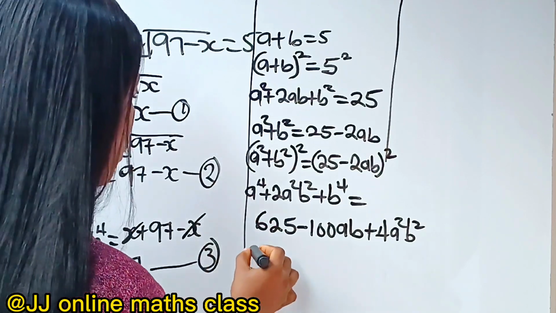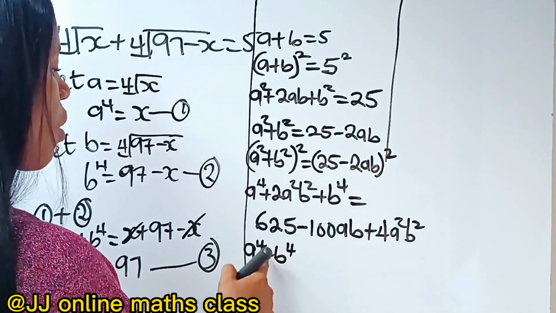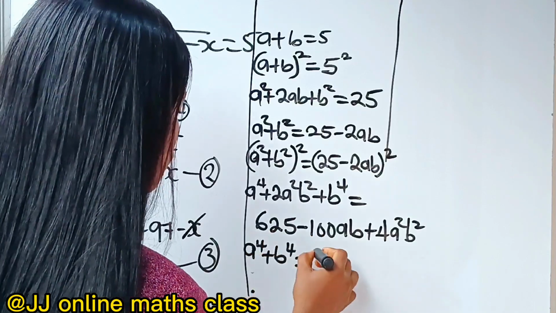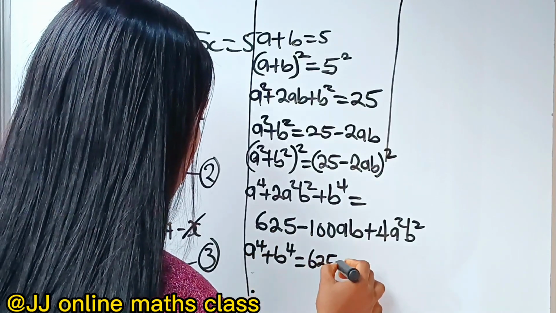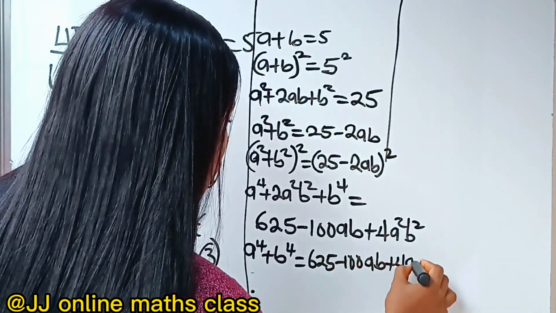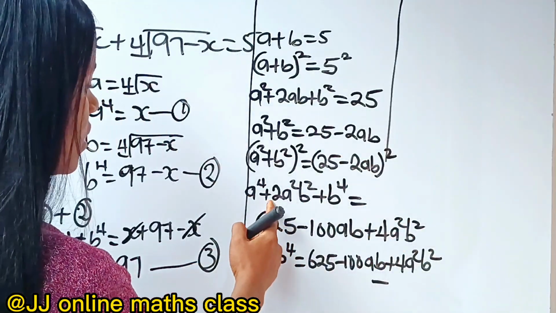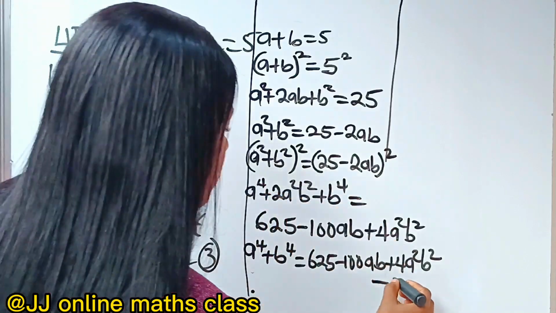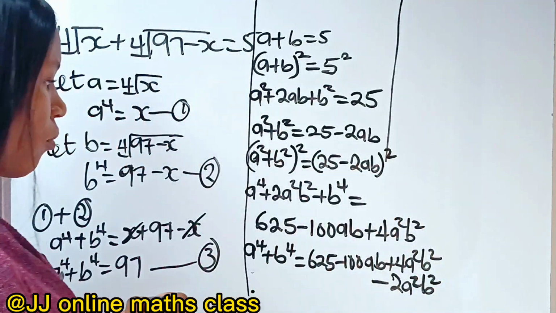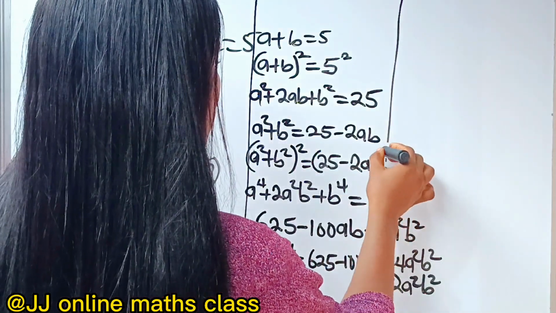If we do that, we are going to have A to the power of 4 plus B to the power of 4 will be equal to 625 minus 100AB plus 4A squared B squared minus 2A squared B squared, right? All right, now let's continue.